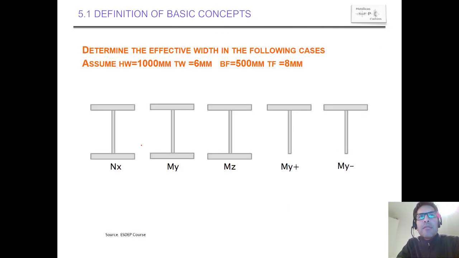So with that, we can start wondering questions such as, let's determine the effective width in the following cases. Assuming some values of H, W, TW, BF, and TF, you can start wondering how to determine the effective width in the following cases.